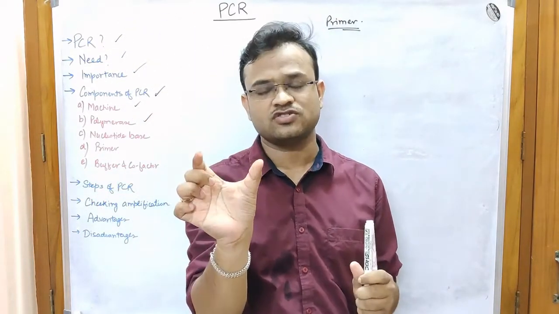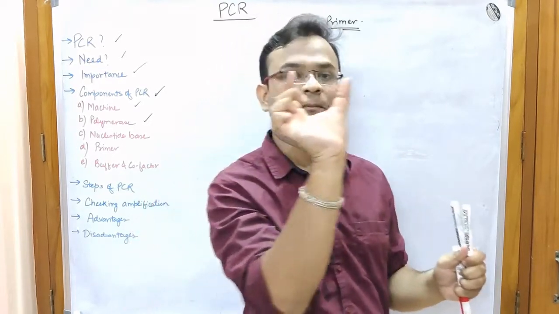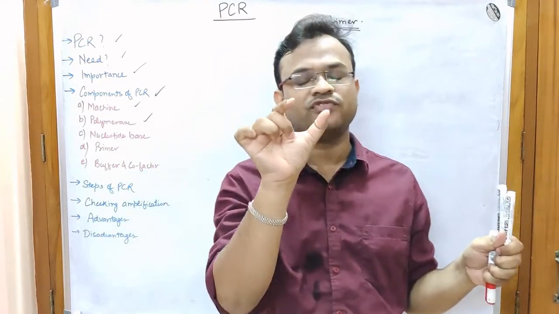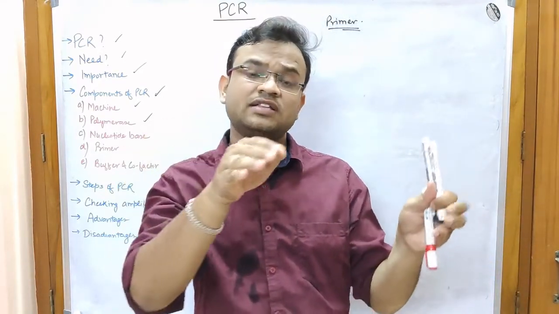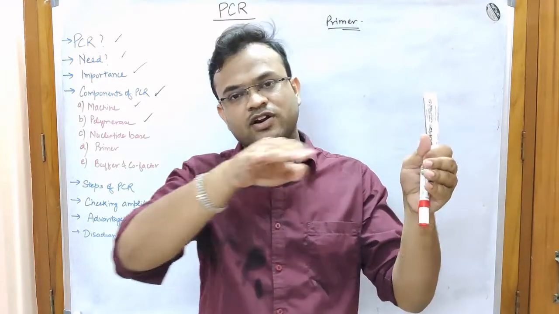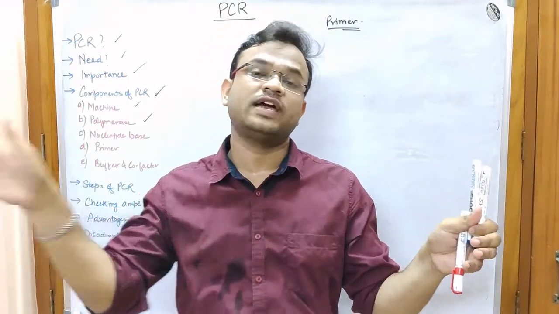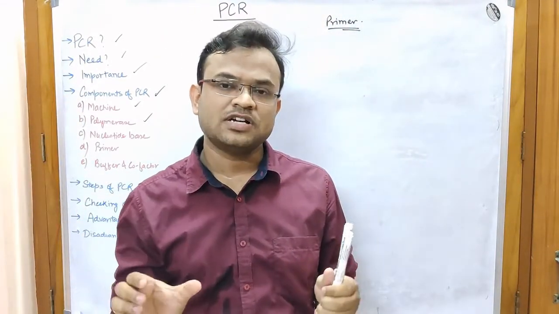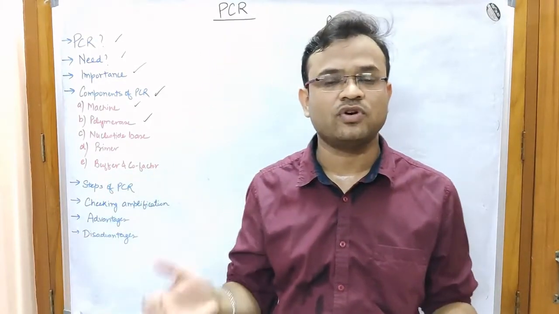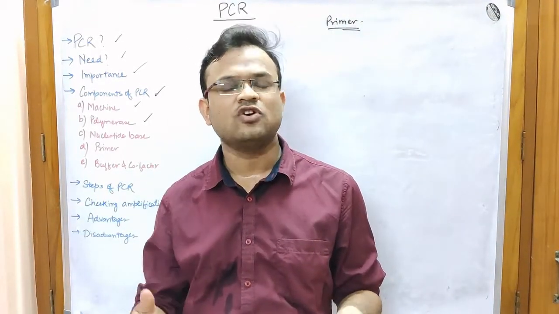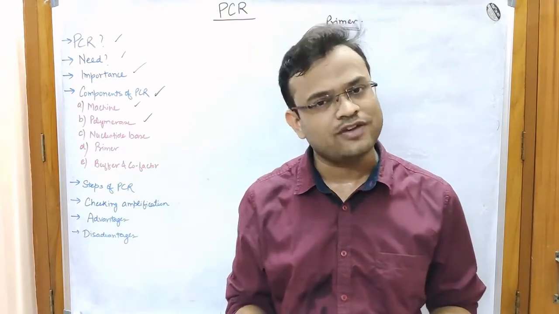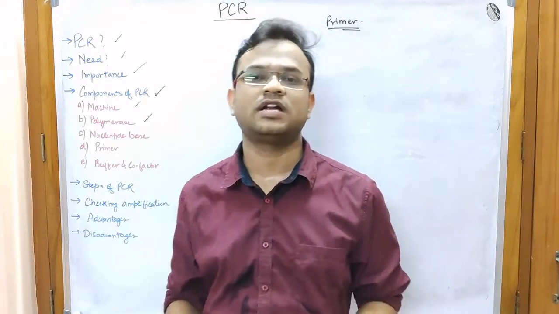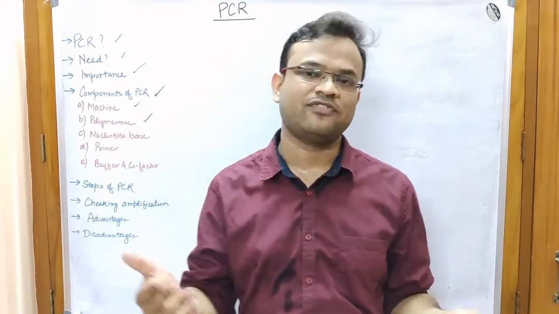They are short stretches of DNA that bind to your template at a particular position, and from there they provide the free 3' OH terminal from where the DNA polymerase starts and tries to elongate or extend this primer, right? Primers are designed beforehand, and a number of in silico methods, a number of computational software tools, are now available for designing primers for your particular reaction, for the particular template that you need to amplify.